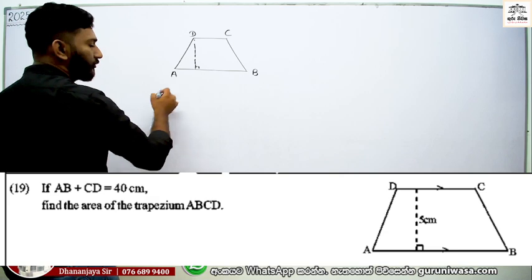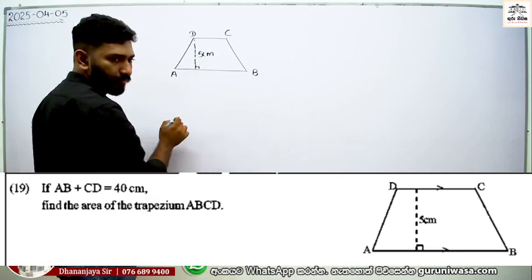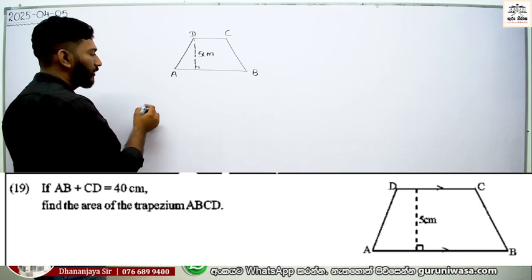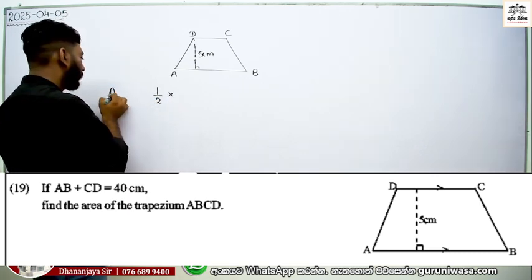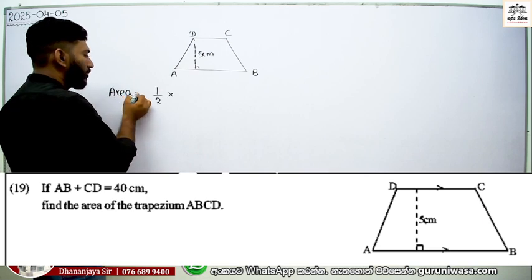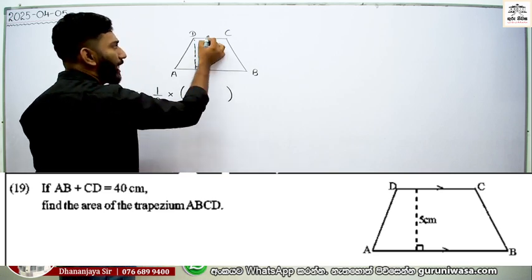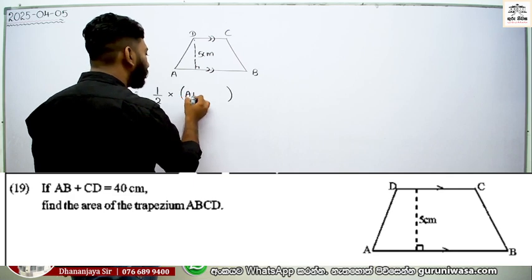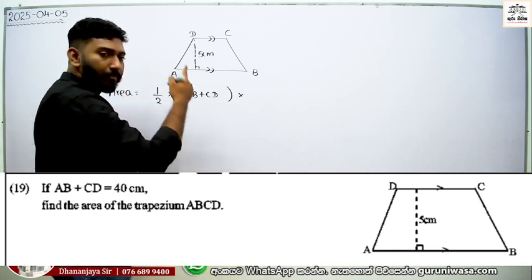A, B, C, D. 5 cm. Half into the sum of the parallel lines. What is meant by the sum of the parallel lines? The sum of the two parallel lines, son. AB plus CD, multiplied by the perpendicular distance.